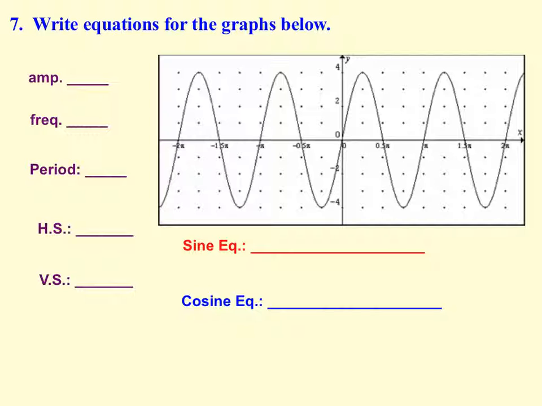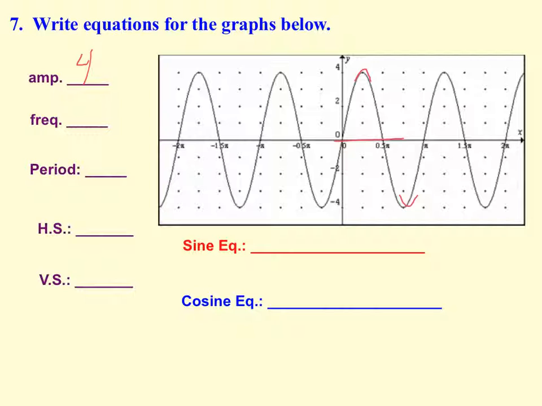Let's take a look here. If we were asked to write the equation for this function, we see first of all the peaks and the valleys happen at 4 and negative 4, and that indicates that the amplitude here is 4. Remember, amplitude is the height of the peaks and valleys based on that baseline value. Next, our frequency. Frequency says how many cycles we see within 2 pi.